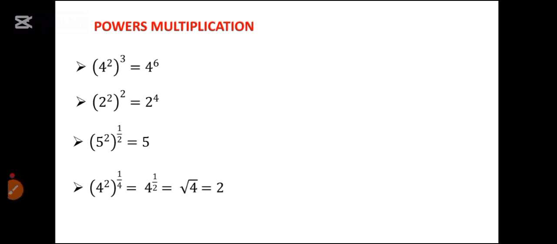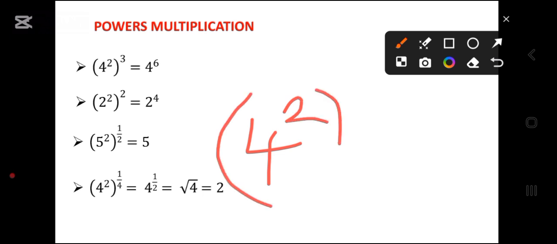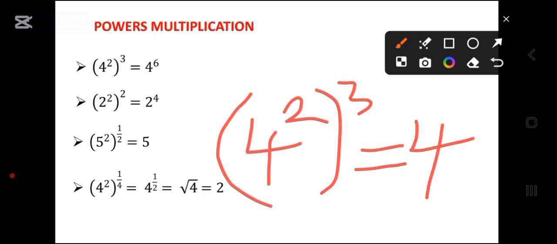We move on to the next law, the powers multiplication law. This power multiplication law says when a number, which is the base, is raised to a given power and again raised to another power, you multiply the powers. For example, 2 times 3 becomes 6.